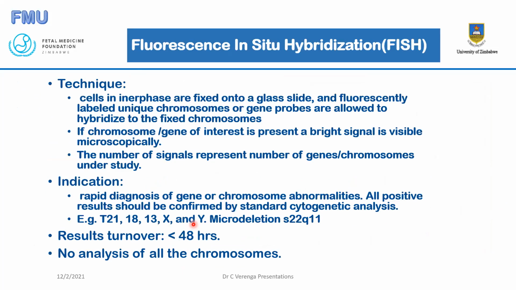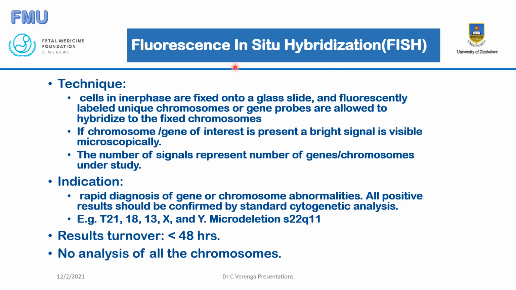Then we also have another way of analyzing chromosomes, but this is more of a targeted kind of abnormality. If we know the abnormality and the gene panel or the chromosomal component involved, instead of waiting for the 14 days to receive the results for amniocentesis, we can alternatively choose to do what you call FISH. What is FISH?